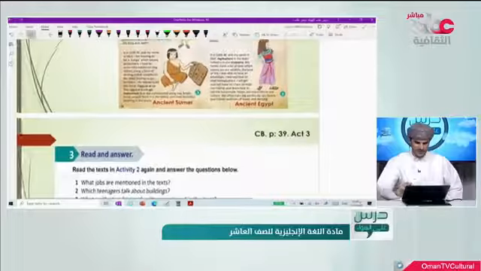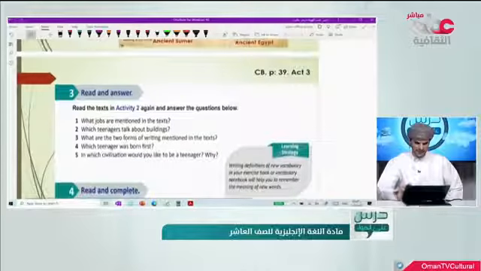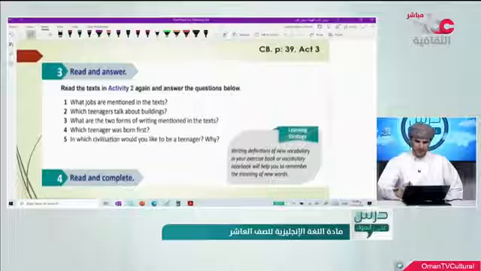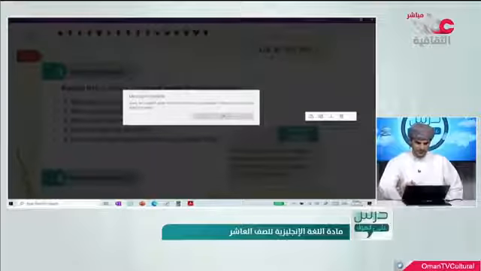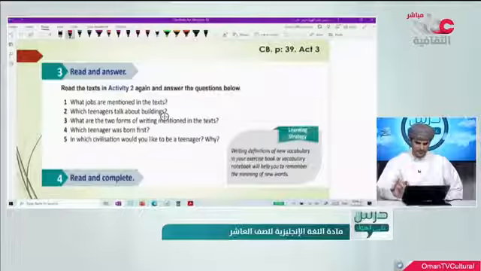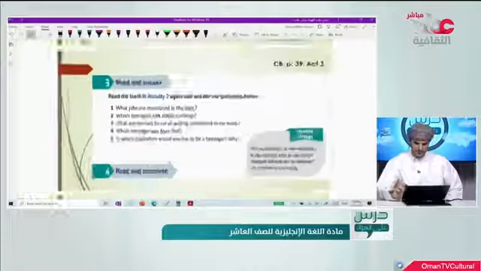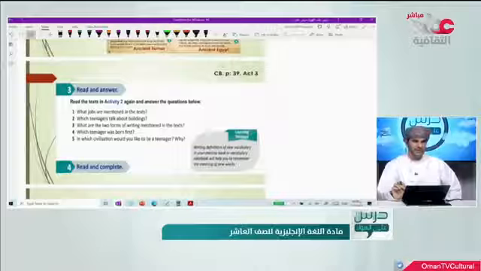Let's move now to activity 3 on page 39. I hope you are following now. Read, Salim, the instructions.